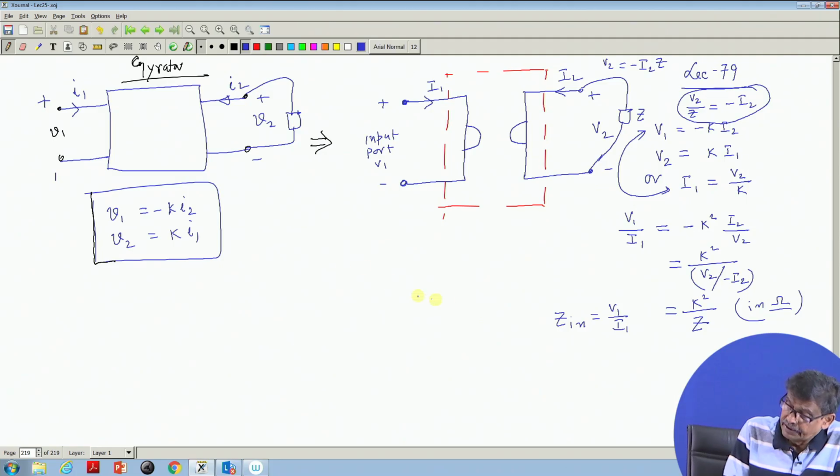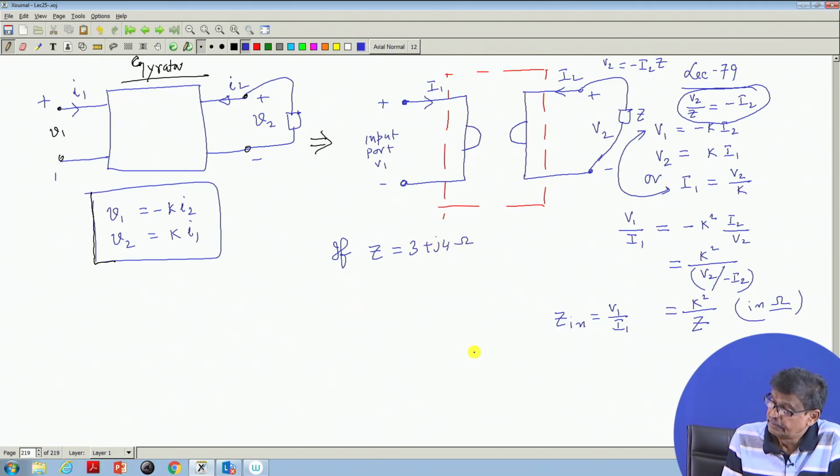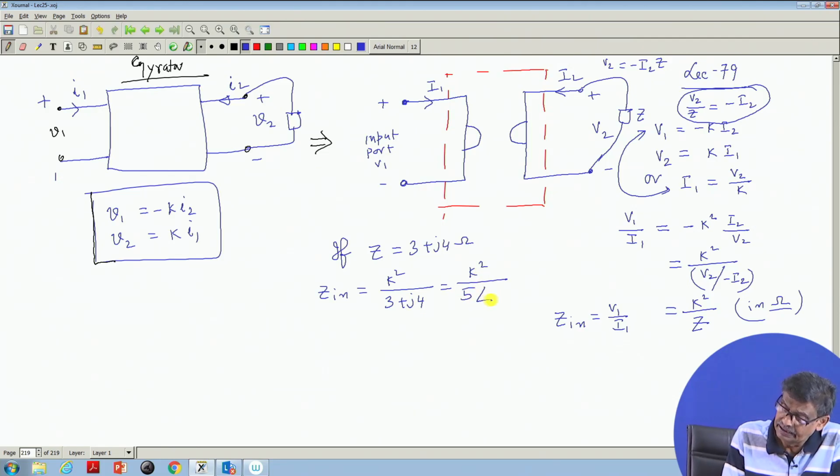For example, if Z happens to be 3 plus j4 ohm, then Z in will be k square, which is just a number, divided by 3 plus j4, which you know is equal to k square by 5 angle some 53 degree.